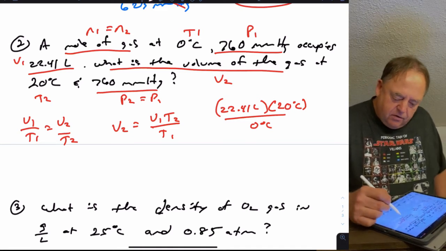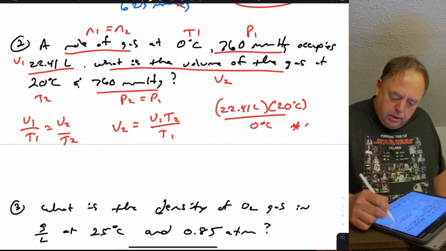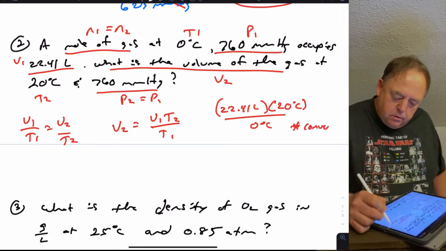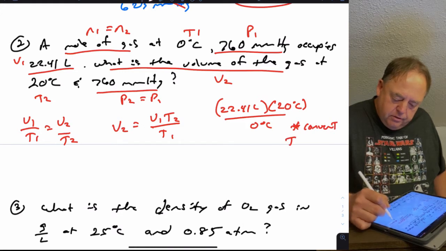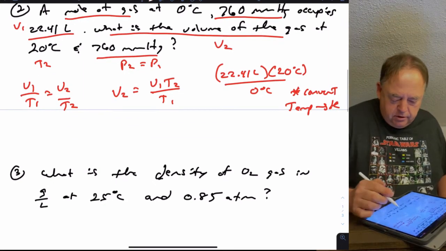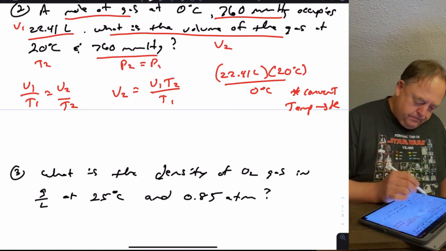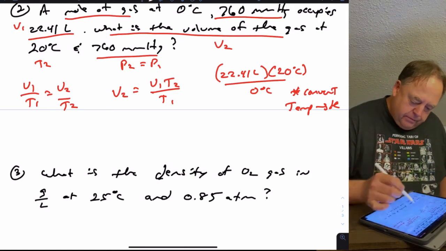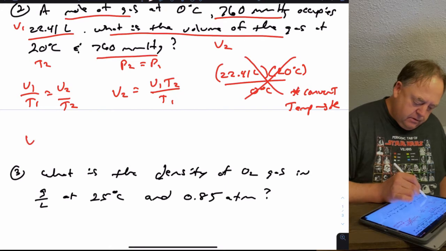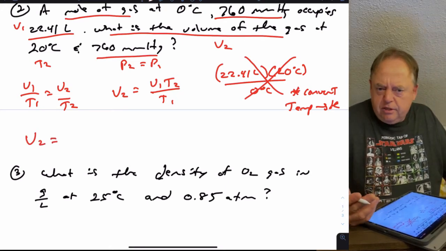Second of all, you must remember to convert temperature to kelvins when using this equation, or you're going to get the wrong answer. In this case, you can't even do the math because you can't divide by 0. Okay, so if we convert these temperatures to Kelvin, you just add 273.